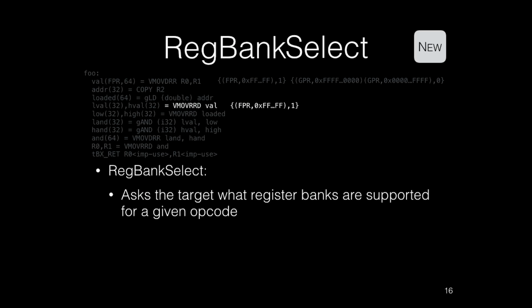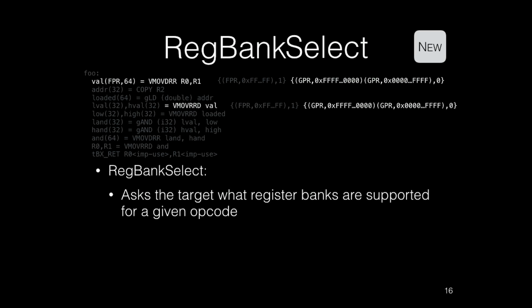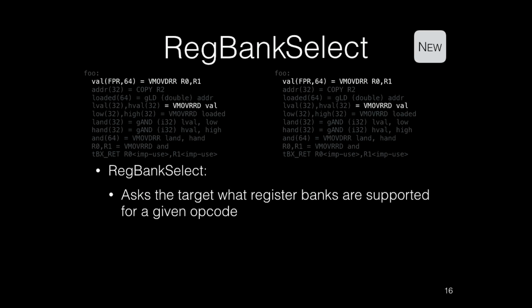Now you look at the use of that value. Again, you can read that value from FPR with all the bits for cost 1, or read that value from 2 different GPRs. So if you push the analysis one step further and not just look at the current definition, you see that for cost 0, you can produce the value on 2 GPRs. And this pass would just rewrite that into copies in that case.